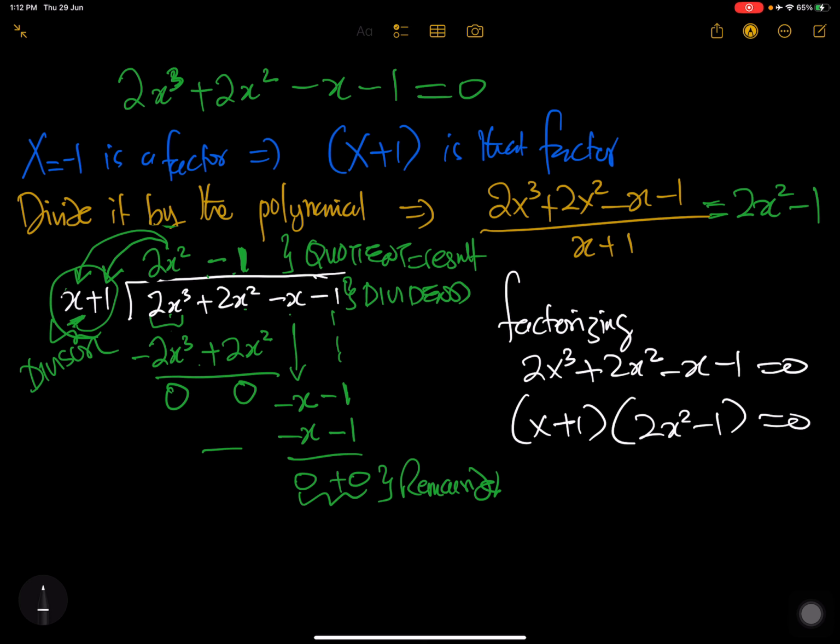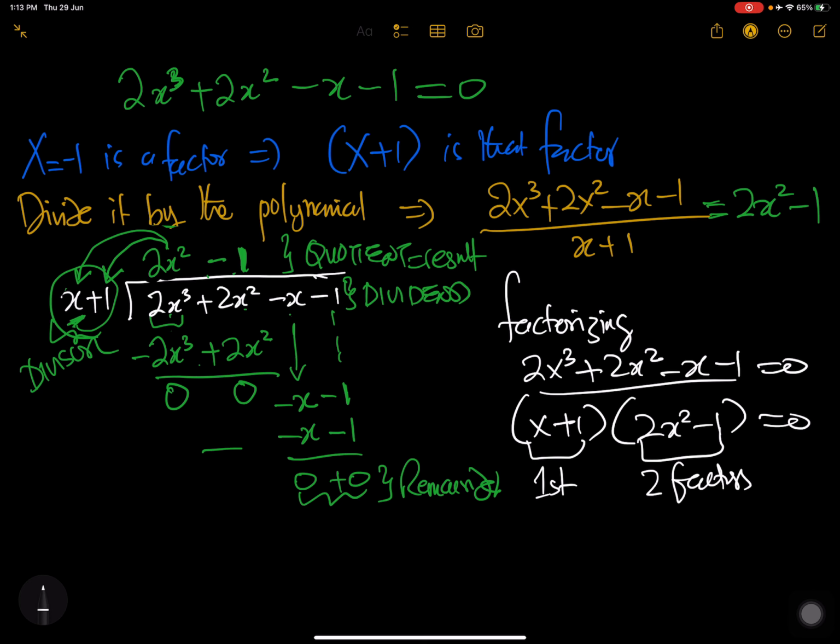When we multiply these two, we get this whole thing here. So we have been able to simplify this polynomial: this is our first factor, and our other two factors are embedded in here. And this is how we're able to solve anything of a higher term and simplify it. I hope this helps.